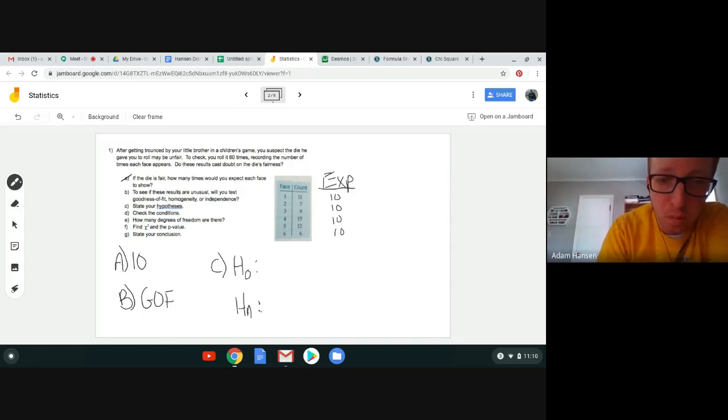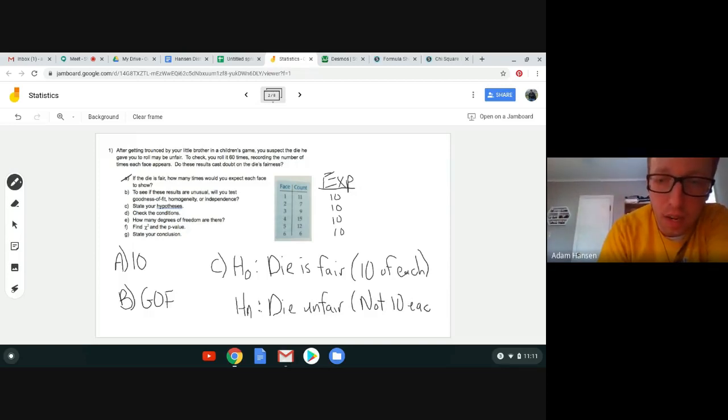So let's assume for our null hypothesis that the die is fair, which means in our case, we're expected to get 10 of each number. For the alternative hypothesis, the die is unfair. In other words, we're not going to get 10 each.